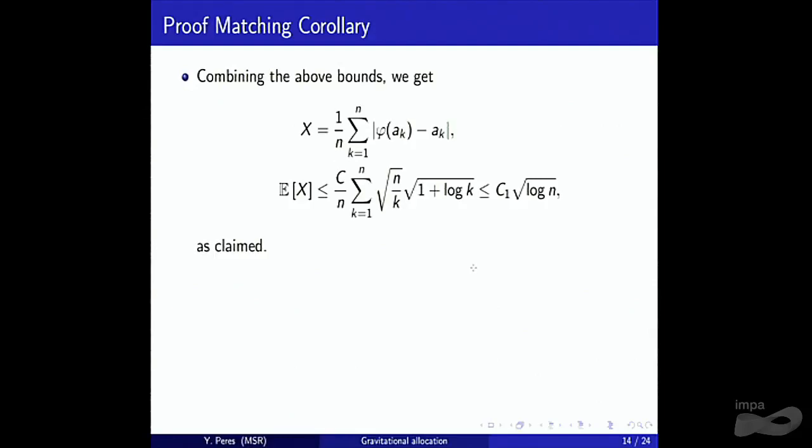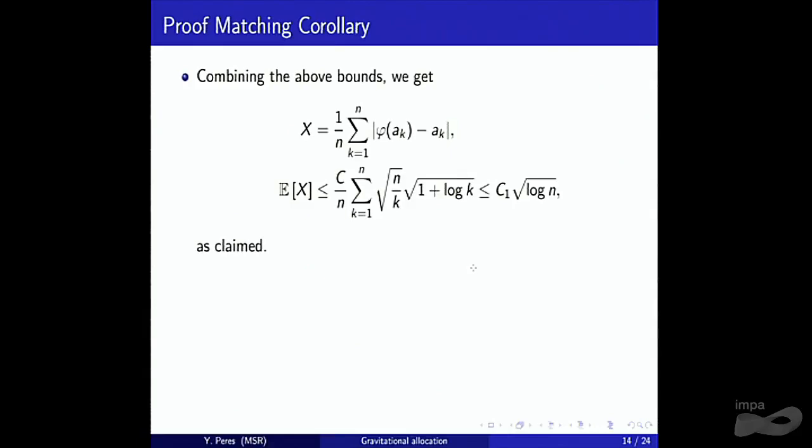I just put the 1 here to take care of the case where k equals 1, but we'll basically get the root log k, and it's multiplied by a scaling factor root n over k, because we have k points on a sphere of area n. The root log k is for a sphere of area k, so you have to scale.